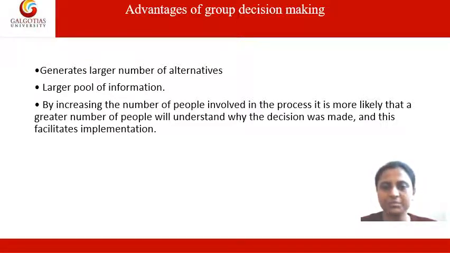At the same time, group decision making allows people to become more involved and produces a sense of ownership of the final decision, which means that people are more committed to the decision. And finally, since a larger number of people are involved in the decision making, lesser coordination and communication will be required at the time of implementation of the decision.